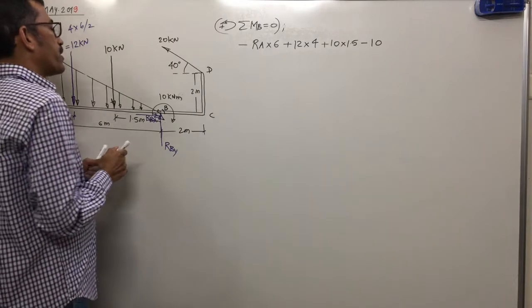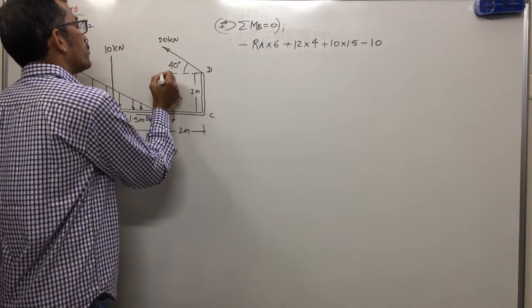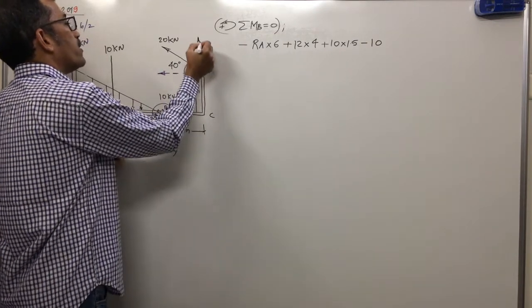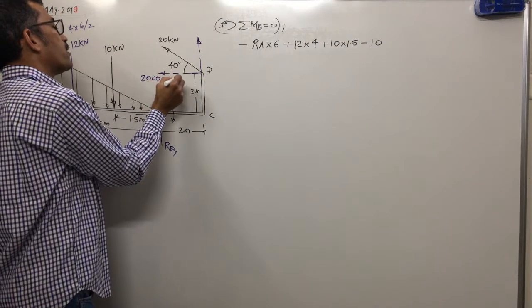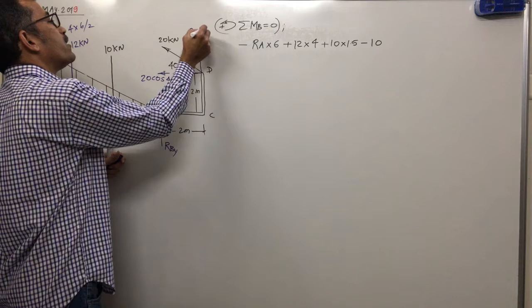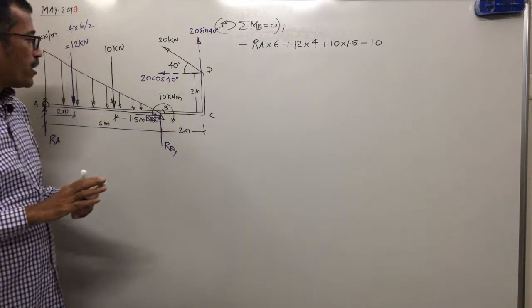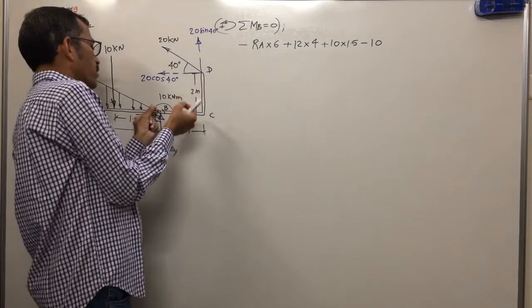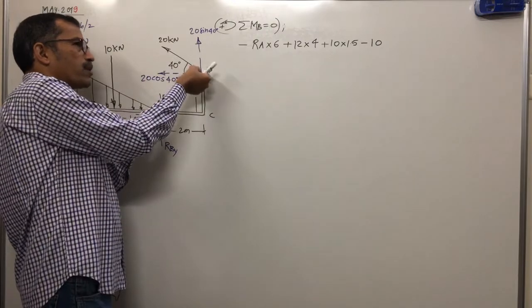Now, moment of 20 about B, directly moment is not possible. What will we do? I will resolve it into horizontal component and vertical component: 20 cos 40 and 20 sin 40. Moment of the horizontal component: holding the bent bar at B and applying force leftward, how does this bar rotate?